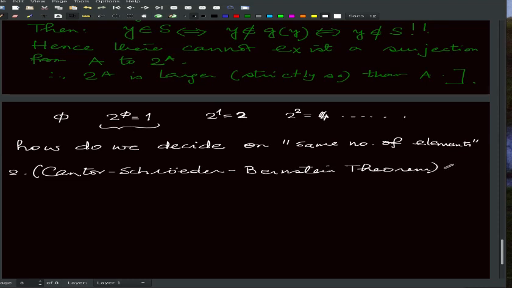So it says if A is smaller than B and B is smaller than A, then A and B are in bijective correspondence.